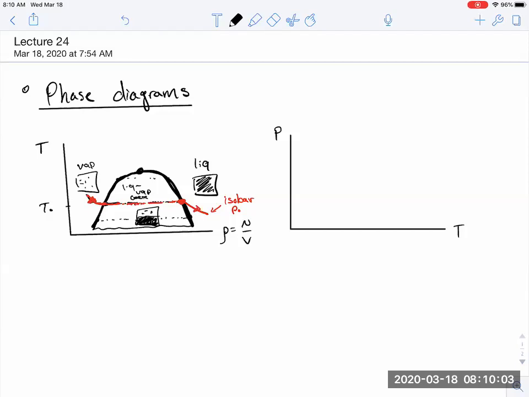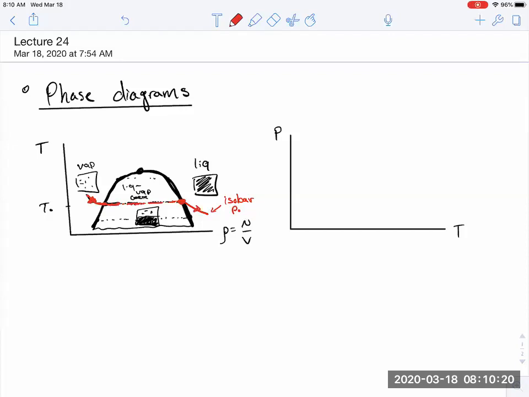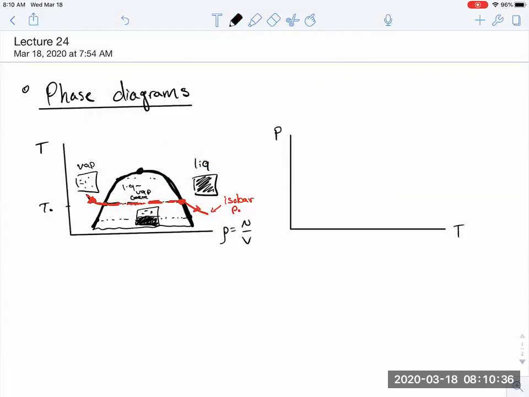So this coexistence line in red, the dashed red, must collapse onto a point because every position along this line is a state at which liquid and vapor are in coexistence. And for them to be in coexistence, they must have the same pressure, even though they need not have the same density.